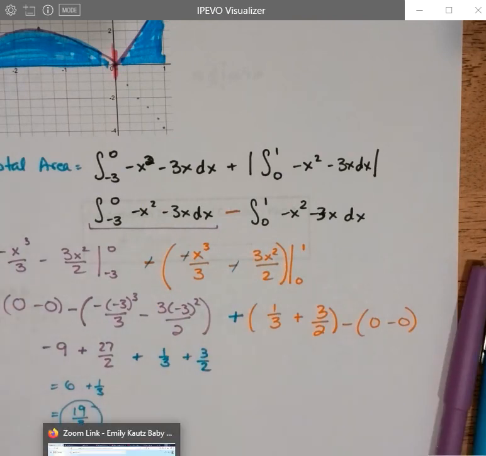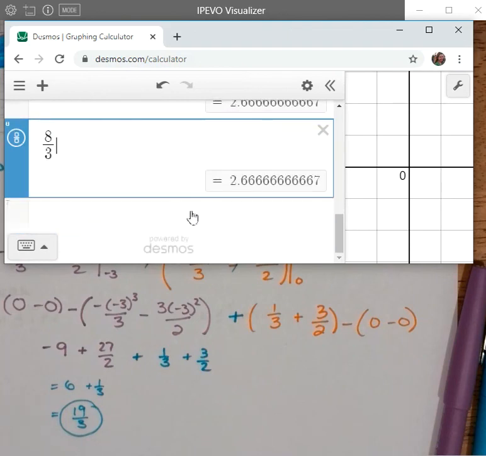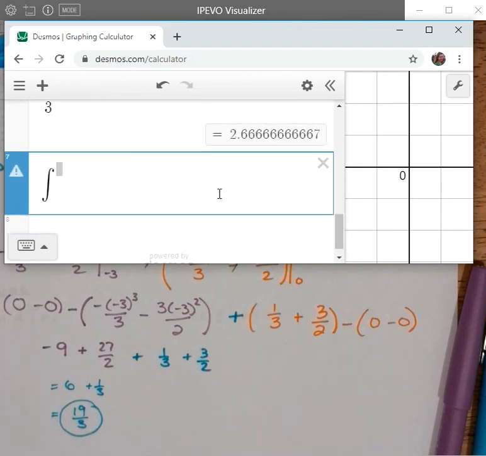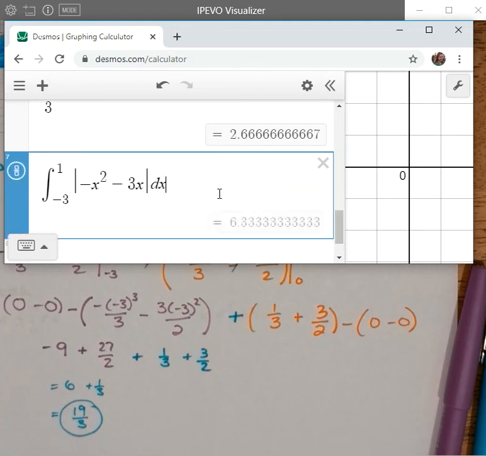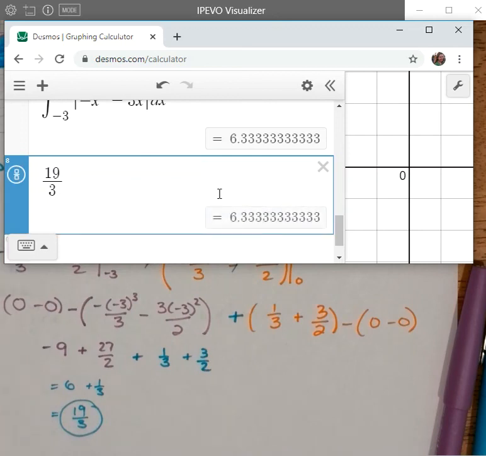Now, last thing, let's just try to check this one. Now, I believe that on decimals, we can check it with having the absolute value. It's just not something I can integrate by hand. So if I go from -3 to 1 of the absolute value of negative x squared minus 3x dx, I get that decimal for 19 thirds.